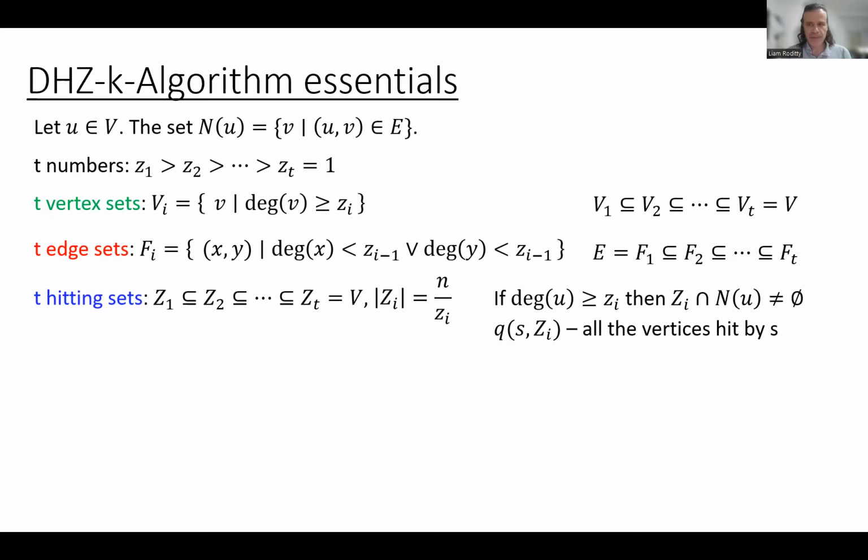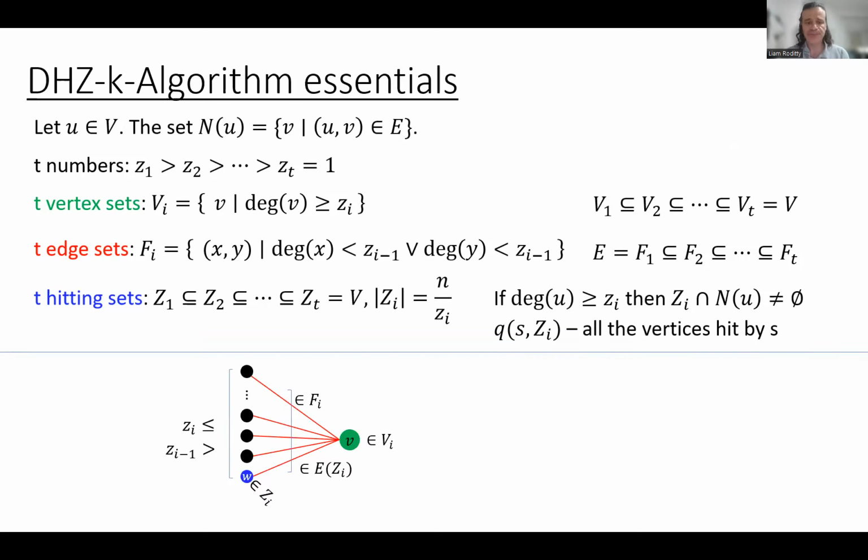A bit more notation, Q(S, Zi) is a set that contains all the vertices for which S is the representative in Zi. This S is the vertex that hits the neighbors of u, in that case, if u is in the set Q.